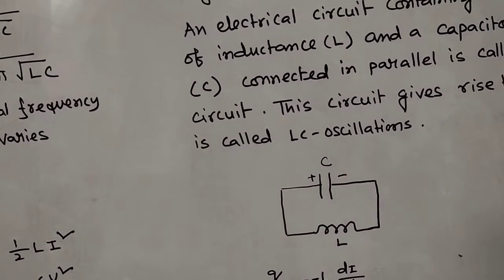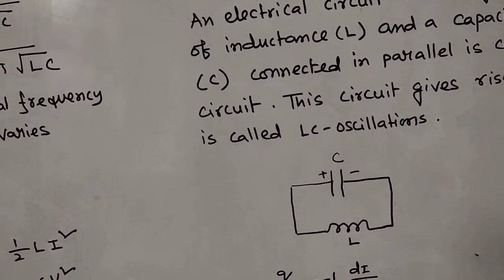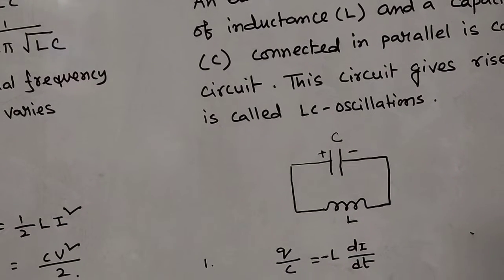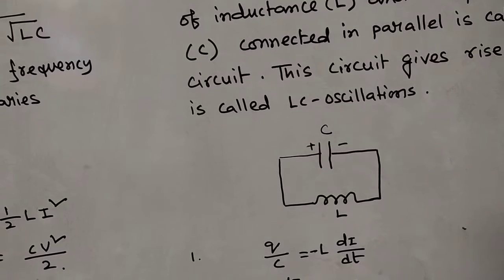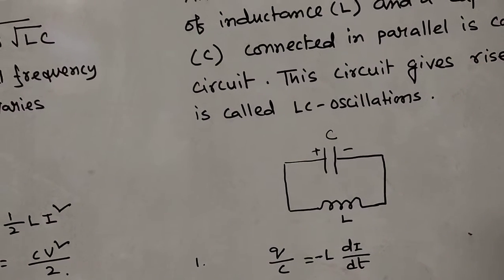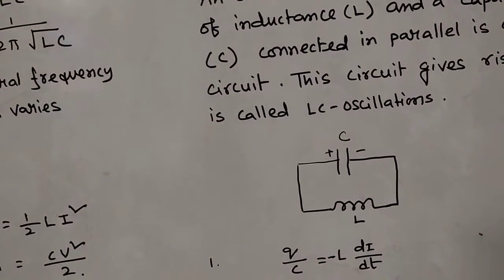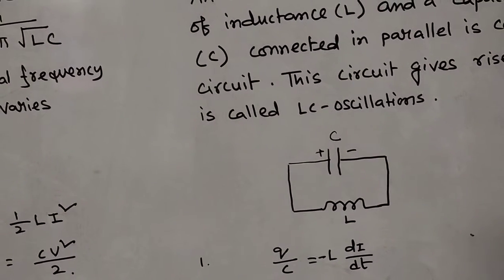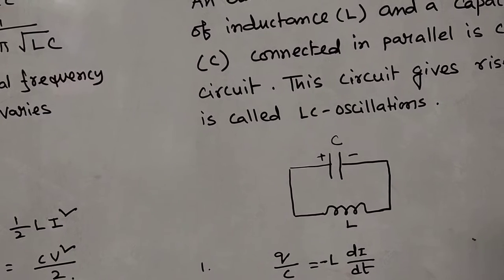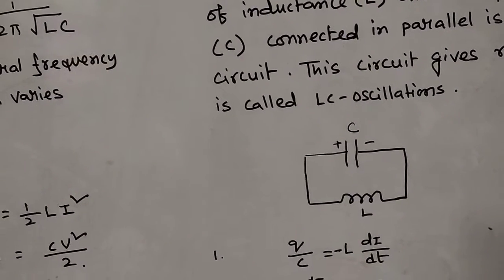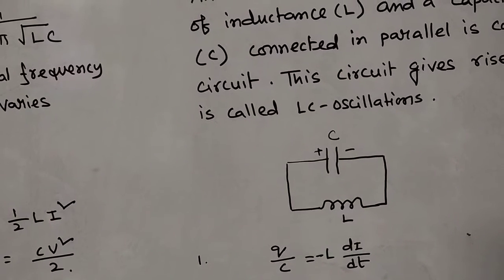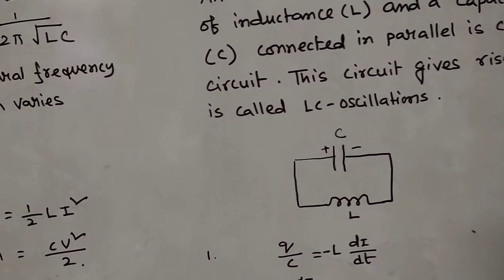Now when the capacitor is discharged fully, the electric energy is 0 and the magnetic energy is maximum across the inductor. Now what happens when the magnetic energy is maximum? It starts charging the capacitor again. This magnetic energy helps in charging the capacitor.